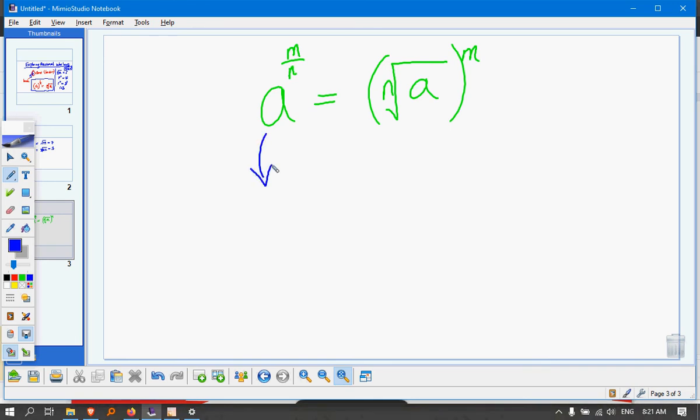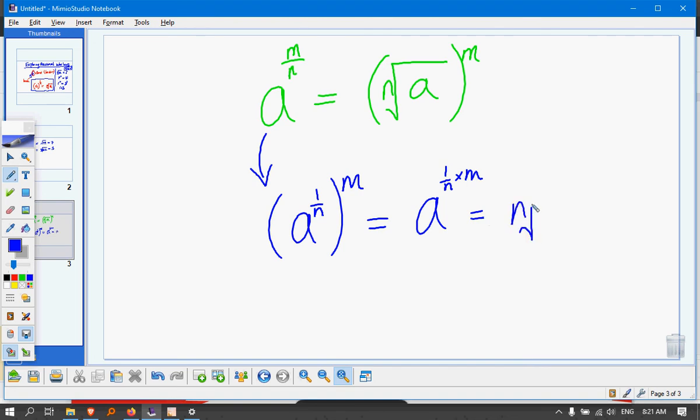How does that come about? It's me considering a to the power 1 over n, to the power m. From the previous index laws we looked at, this is the power law where you multiply the powers, 1 over n times m, which brings you to that. But I know that a to the power 1 over n is the nth root of a, and everything to the power m.